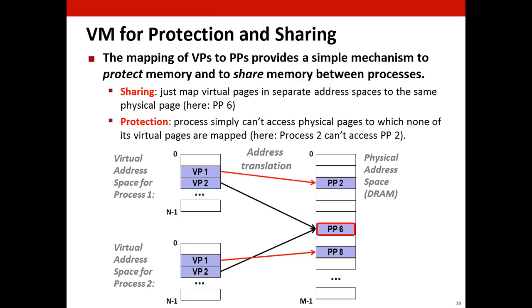In which case, process 2, for example, cannot access physical page 2 because it doesn't have the address for that physical page anywhere in its page tables. So that's a very easy way to keep two processes from stepping on each other's address space, just making sure that they have different physical pages allocated to them. Okay.